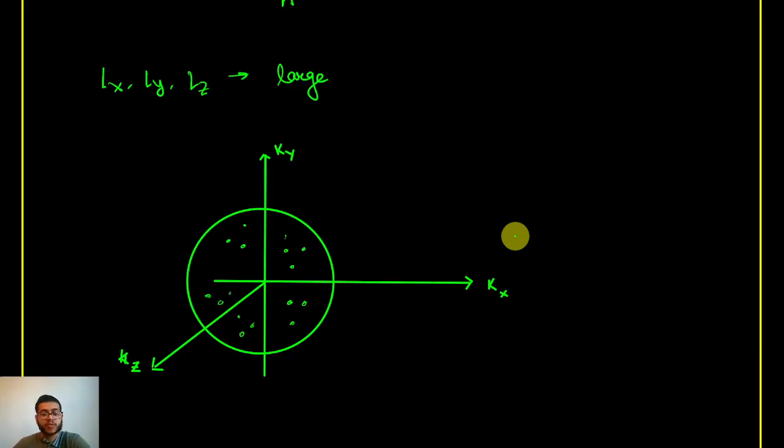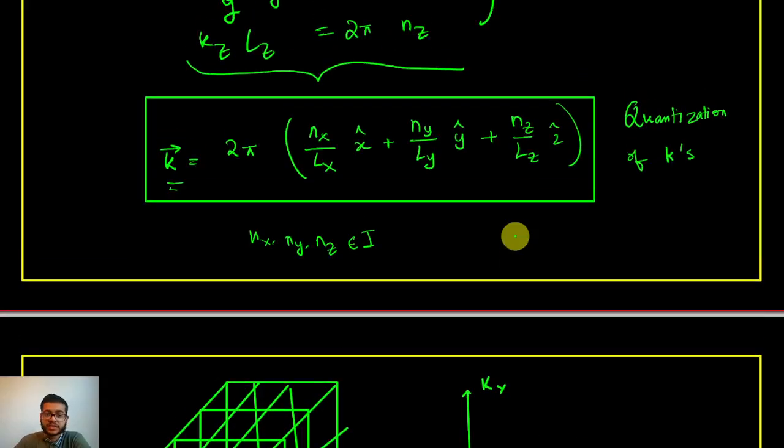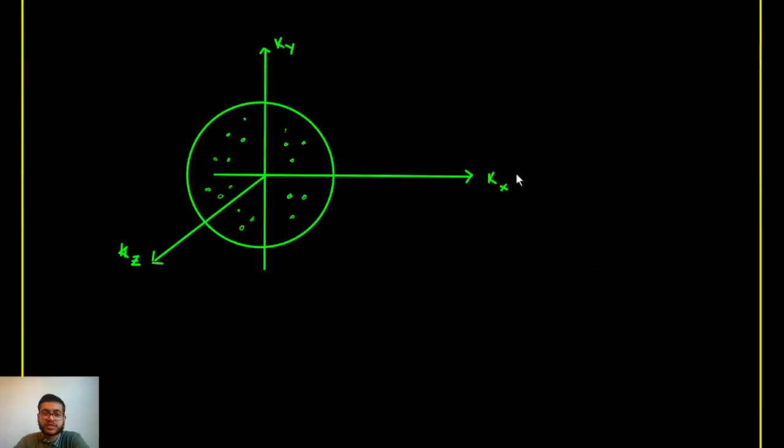But what if these points are very closely packed, because Lx, Ly and Lz are very large, and k is inversely proportional to the lengths. So if the lengths are very large, these discrete points will be very closely packed together, and for most practical purposes we can take them as a continuous bunch of points.